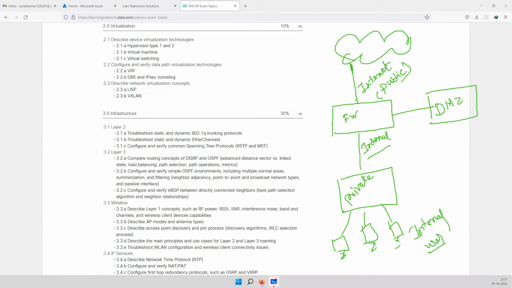where internet people can also come, but in a different way. These are the servers where we place any service which is internet facing. Maybe we have a web server, where my website is running and people are accessing it from the internet. Maybe we have an FTP server, or an Exchange front end.